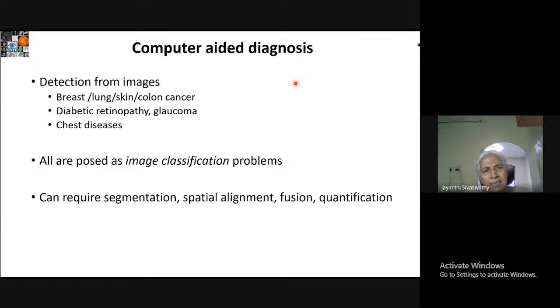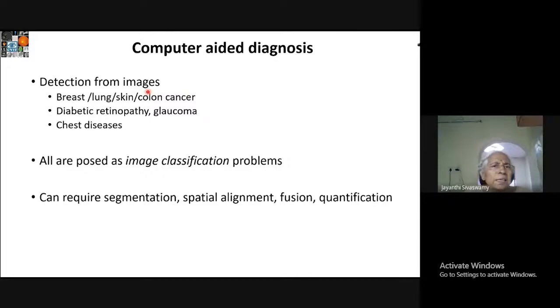If you look at the literature, you will find lots of papers using DL trying to build a CAD system. Another class which is very popular, and my own group has worked on it a lot, is diabetic retinopathy and glaucoma detection from fundus images. So this is optical images.